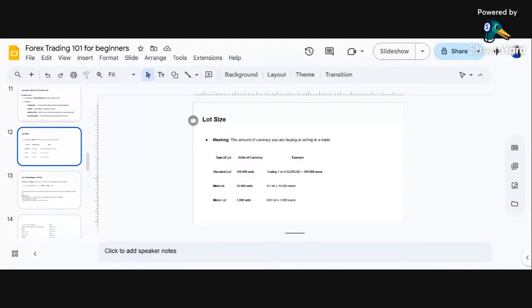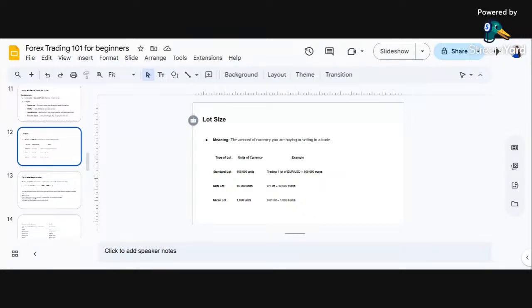That means I'm risking more and you are risking less. If it goes in my direction, I'll make more money than you, and you that are risking less will make less money than me. But if the market does not go in my direction, maybe I lose more than you. So that is how lot size works, right?